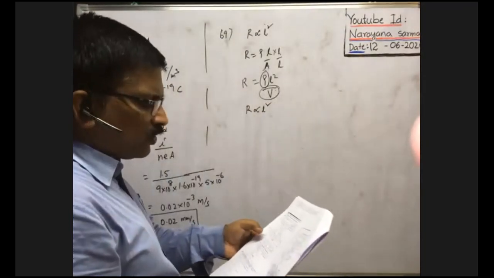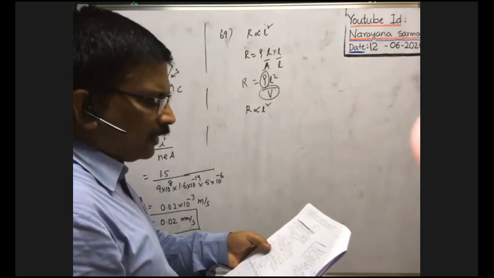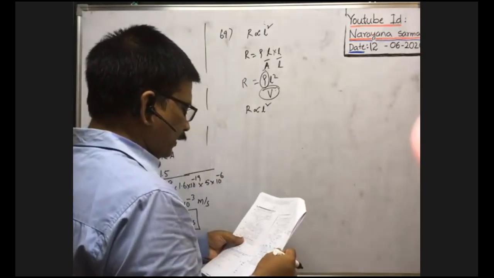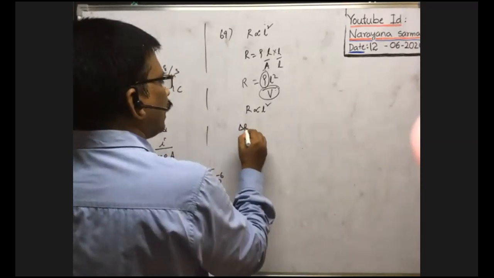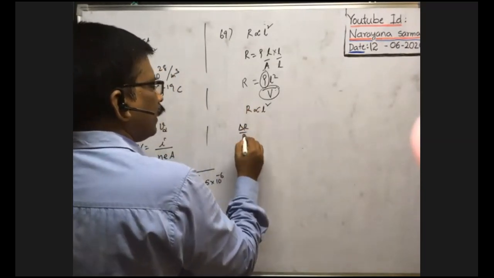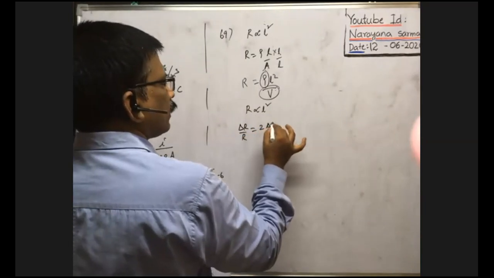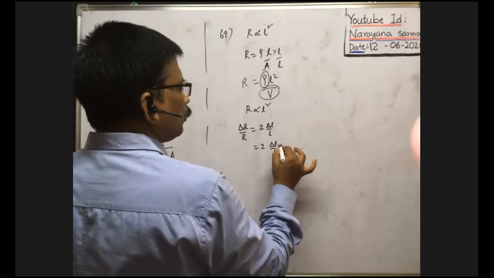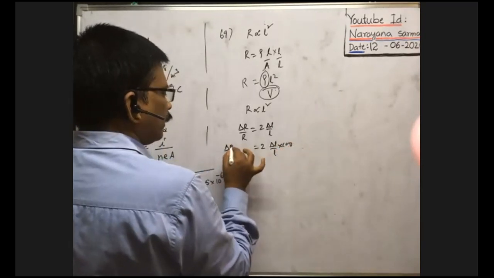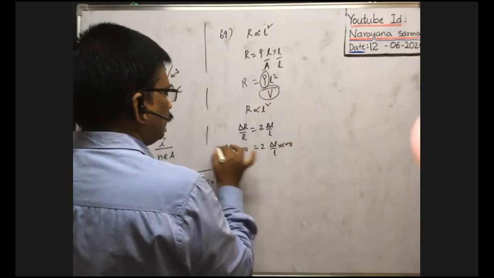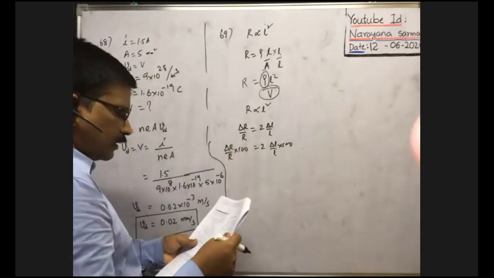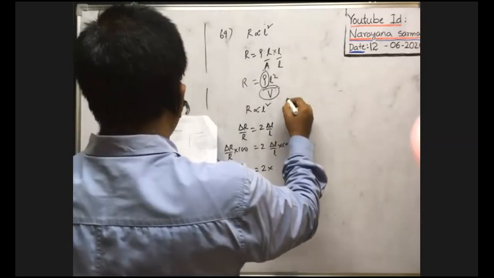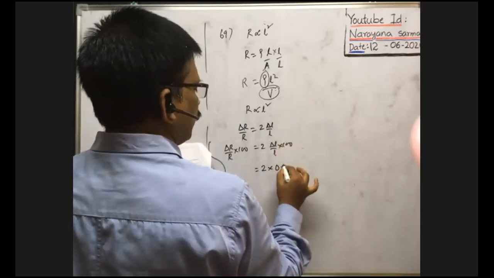As the percentage change in the length of the wire is small, 0.5%, that's why approximate value we can take. That means delta R by R is equal to 2 into delta L by L. So this is equal to 2 into delta L by L into 100, you write. Here also you write into 100, delta R by R into 100, because percentage change in the resistance they asked in the problem. So 2 into delta L by L into 100, means percentage change in the length, is given as 0.5% in the problem.